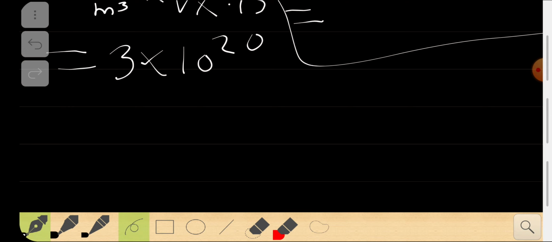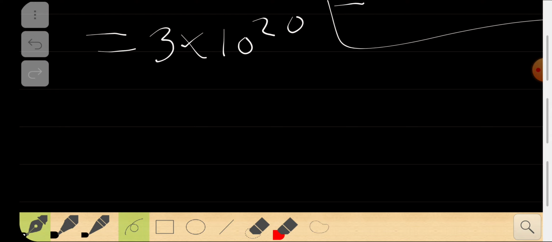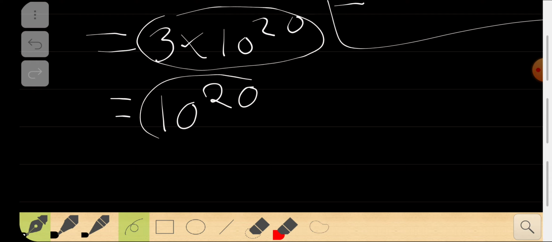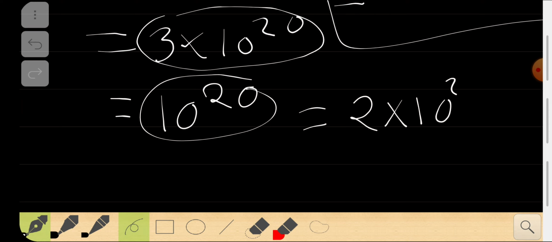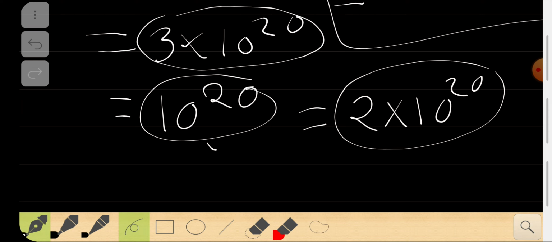That's the kilogram of water present on the surface of earth. Now what you commonly do is approximate it to 10 to the power 20. This is something that you do all the time. Now I want you to see the difference between this and that. This 2 is 2 times 10 to the power 20. That's bigger than our value itself.